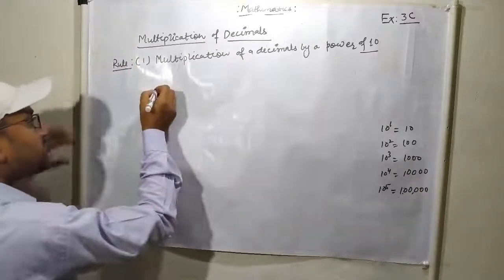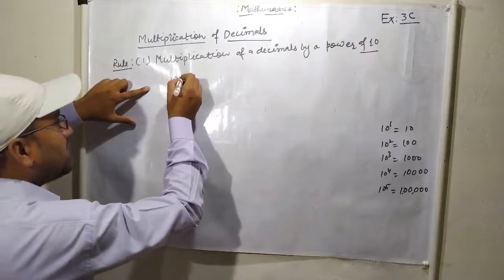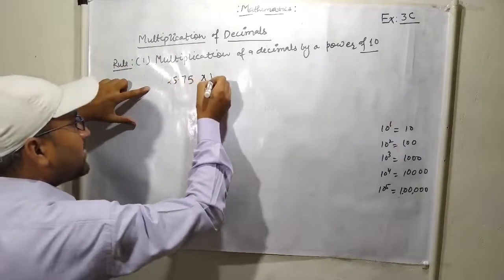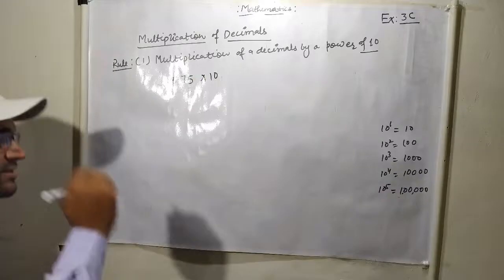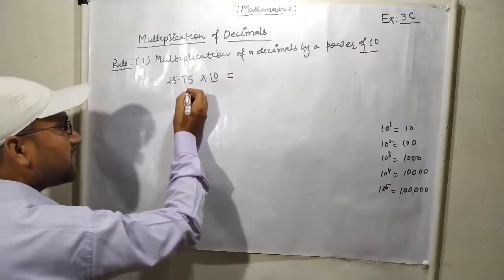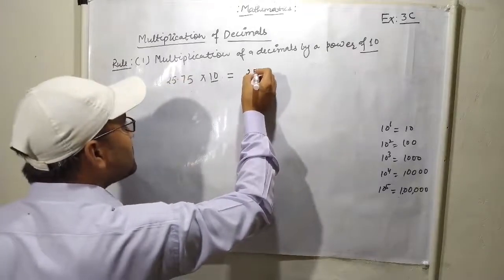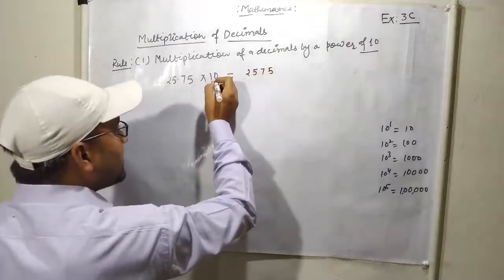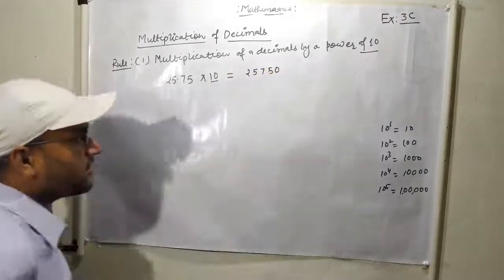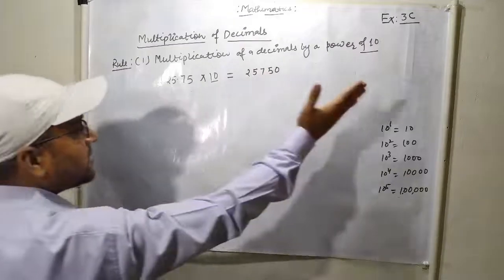For example, 25.75 multiplied by 10. If you multiply by 10, your decimal point shifts 1 place to the right. Write the digits 2575, then count from the right side.